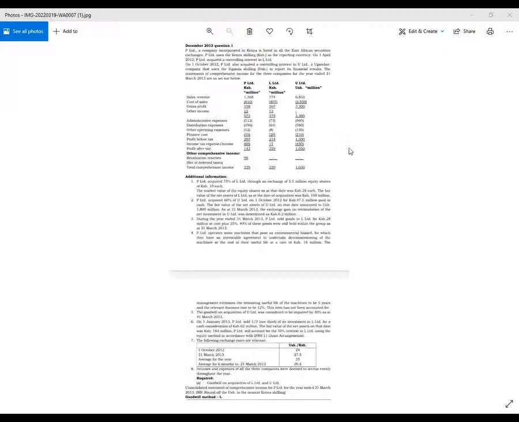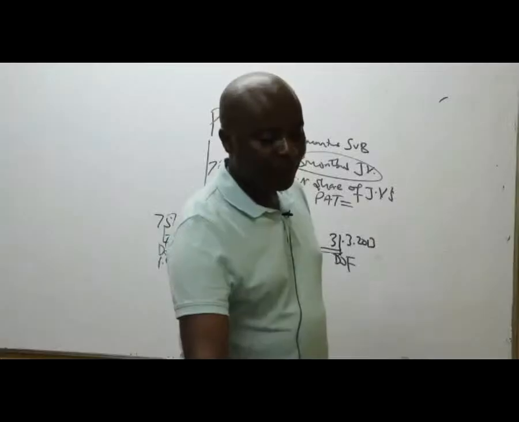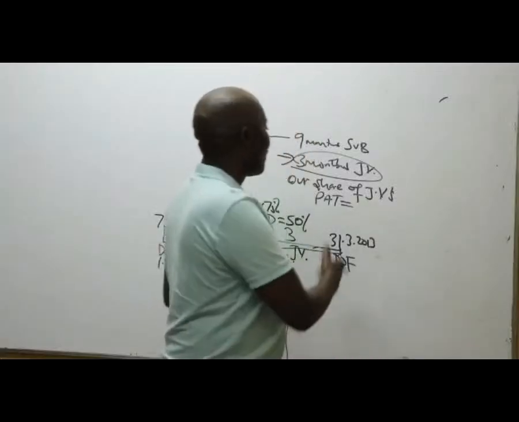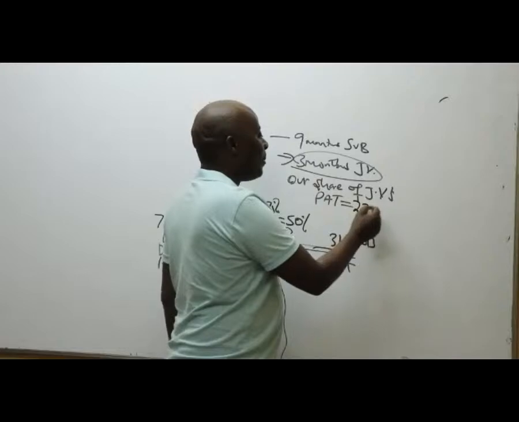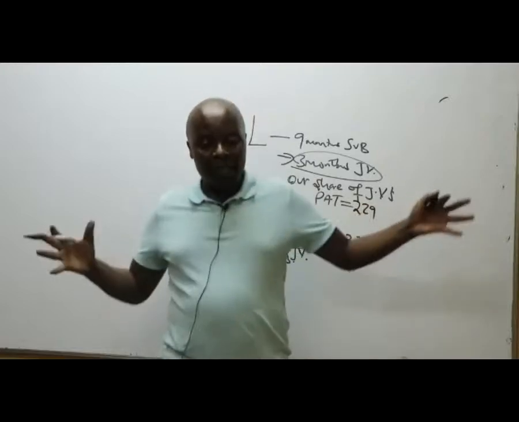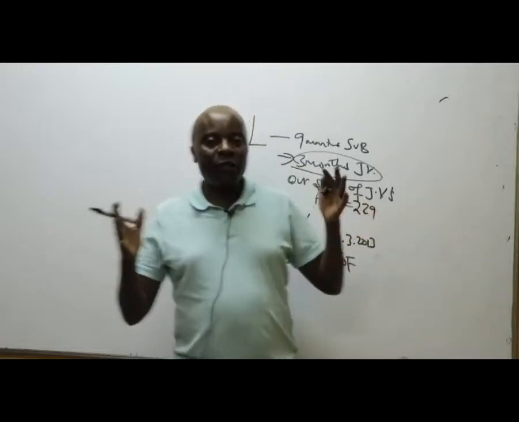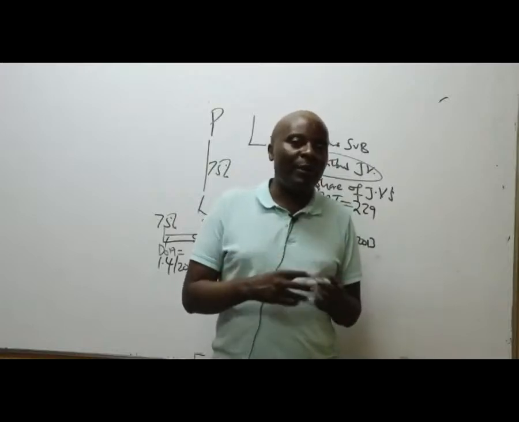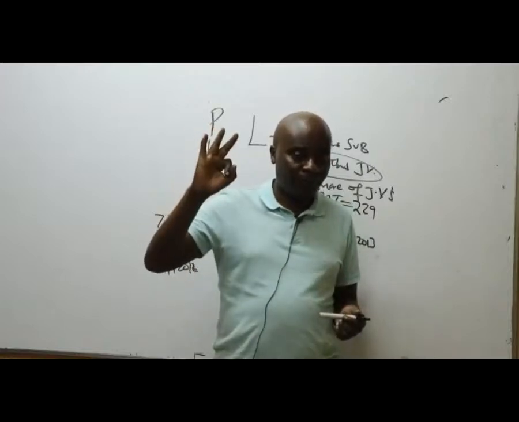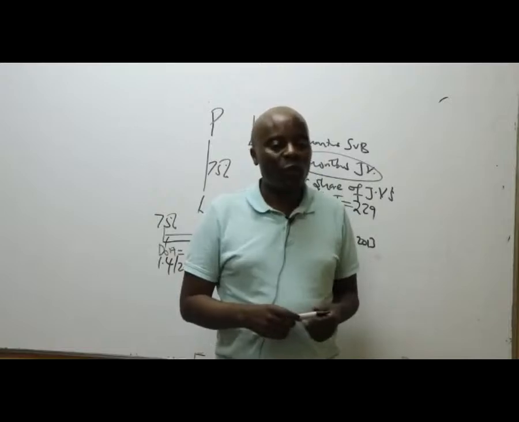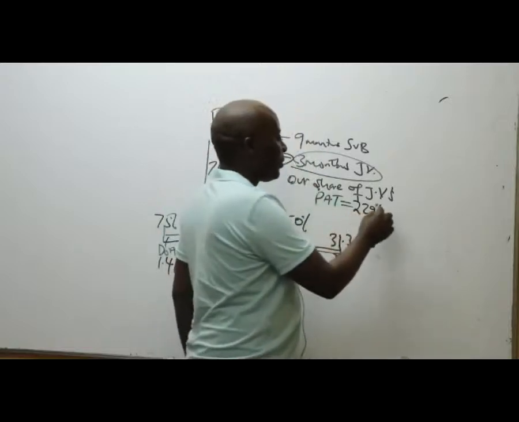You can see this is L Limited. The profit after tax here is 229, and remember, it's for a whole year. But it was a joint venture to us for how many months? So we must prorate this, times 3/12.